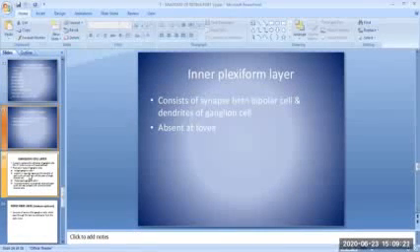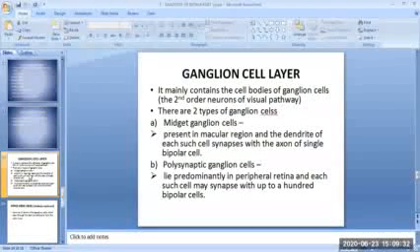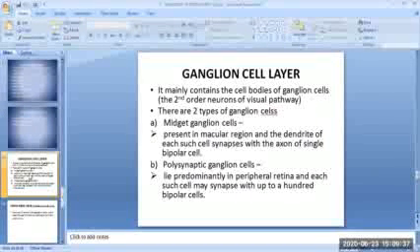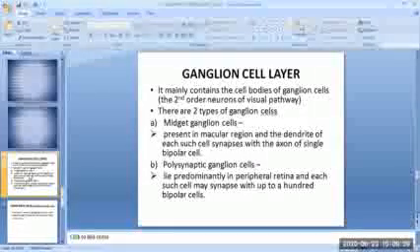The seventh layer is the inner plexiform layer. It consists of the synapses between bipolar cells and dendrites of ganglion cells. It is absent at the fovea. The eighth layer is the ganglion cell layer. It mainly contains the cell bodies of ganglion cells, which are the second order neurons of the visual pathway.